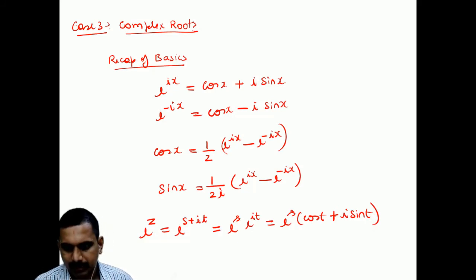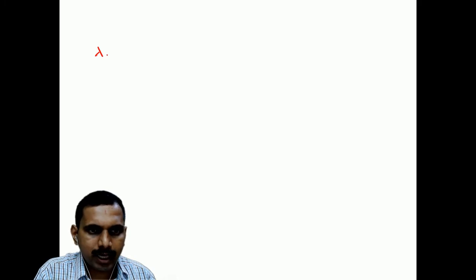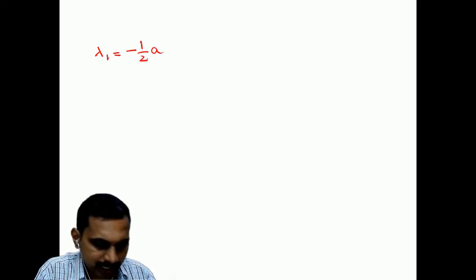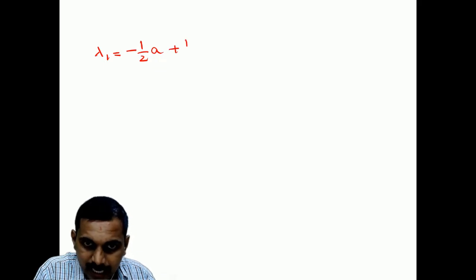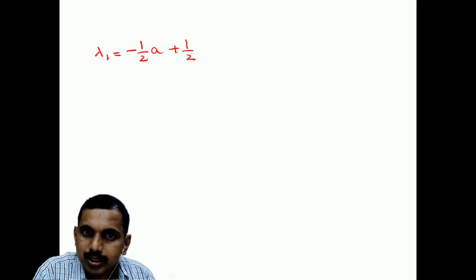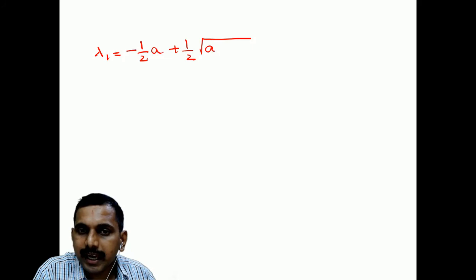Done, sir. Done. Very good. Okay. So now next point. Now if it is a complex root, how is it? Lambda 1 can be given as minus half a plus half into square root of a square minus 4b.